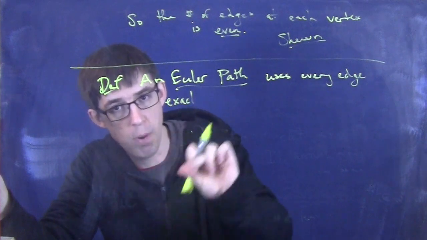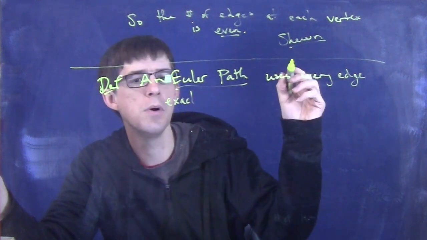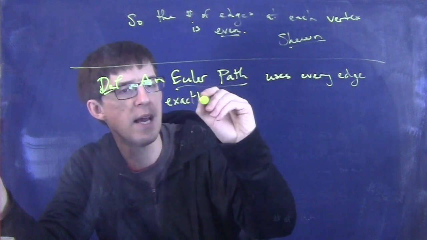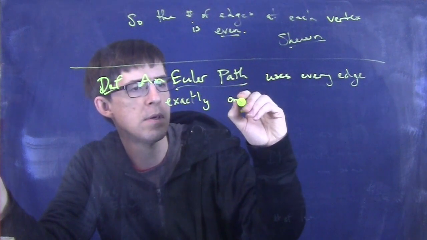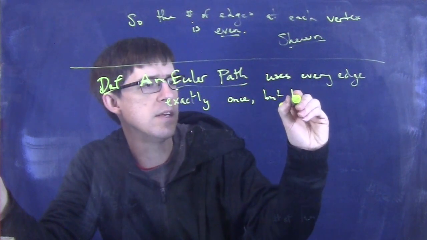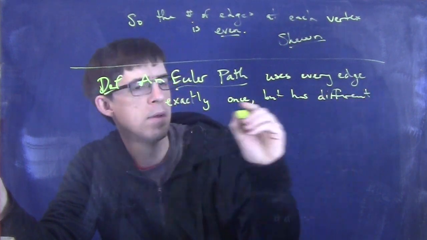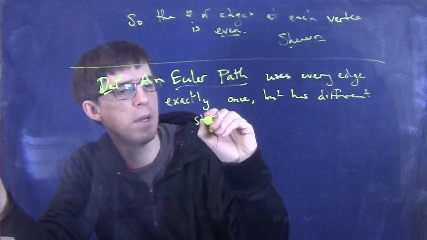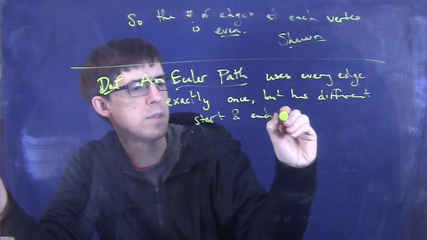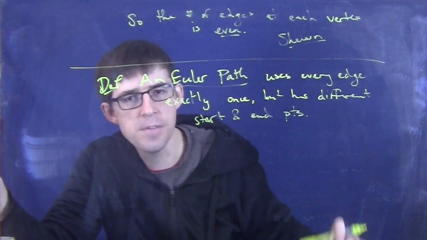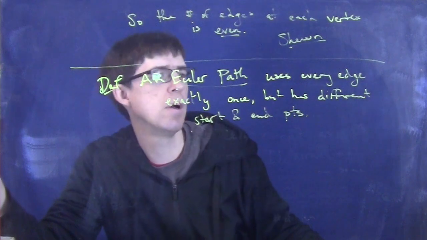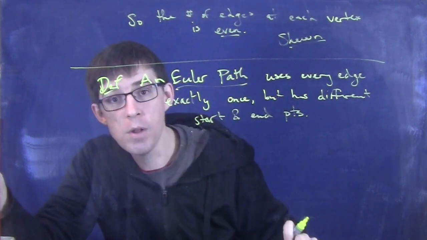It starts somewhere, and then ends somewhere else. So it uses every edge exactly once, but has different starting and ending points. All right? This is called an Euler path.